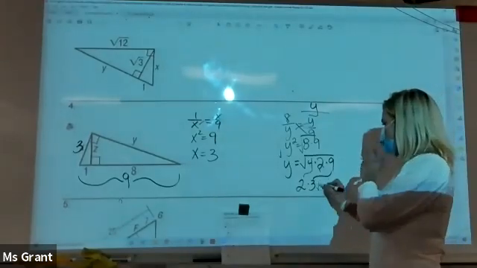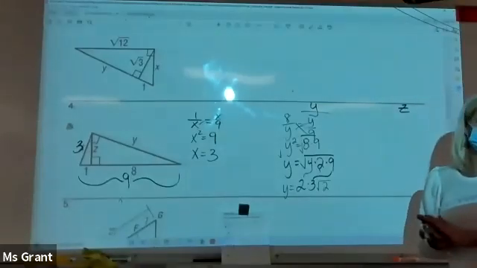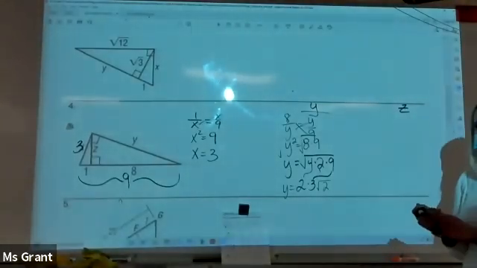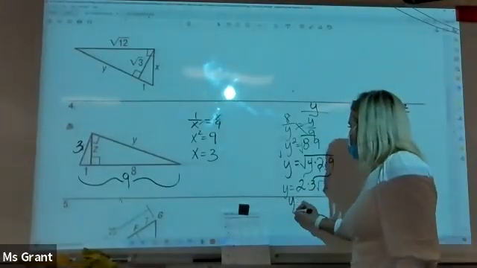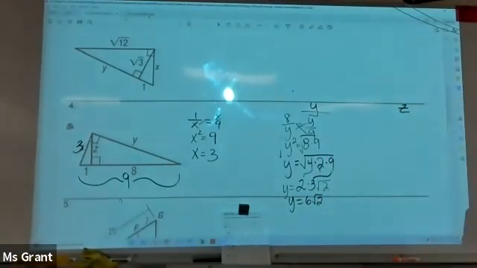The 2 stays inside. So on the exterior of my root, I have y equals 6 rad 2. Y equals 6 root 2. I could just use 9 and 8 and put y equals 3 rad 8. 8 can break down because 4 times 2 is a perfect square, so you could use that.